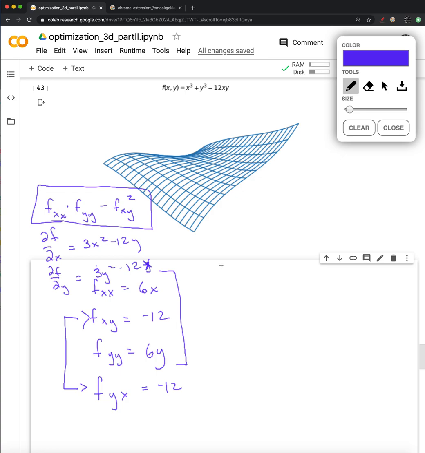So we have two critical points, right? First is when x was 0 and y was 0. And I think the best way to keep track of this is to just make a little table. So at 0, 0, we had fxx, fyy, fxy, and then we'll be able to figure out the value of the discriminant.